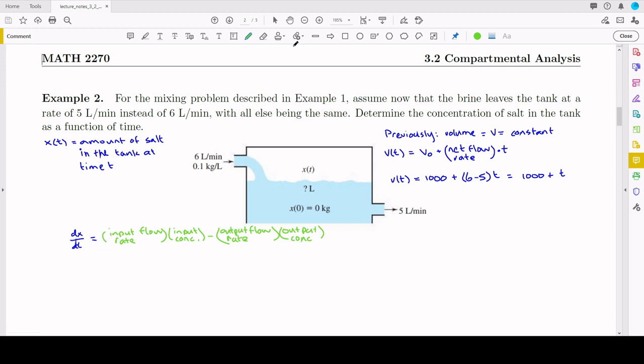And let's not worry about units because we know the units check out.